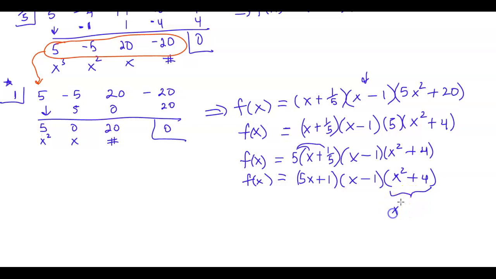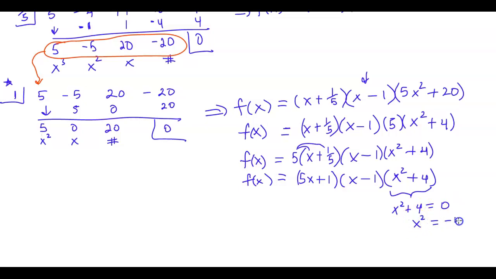So if I was to allow this to equal 0, and if I didn't remember the relationship between what happens whenever I multiply complex conjugate numbers, then I would subtract 4 from both sides.